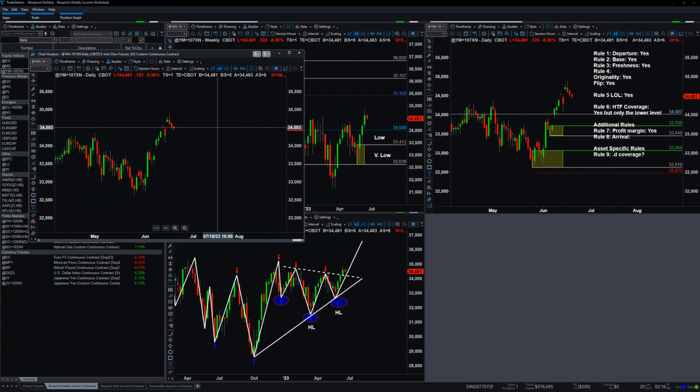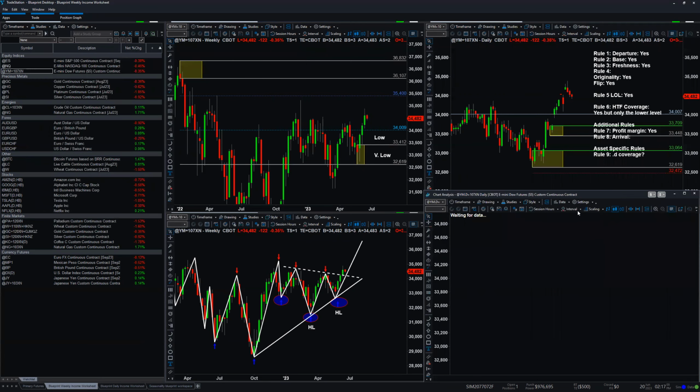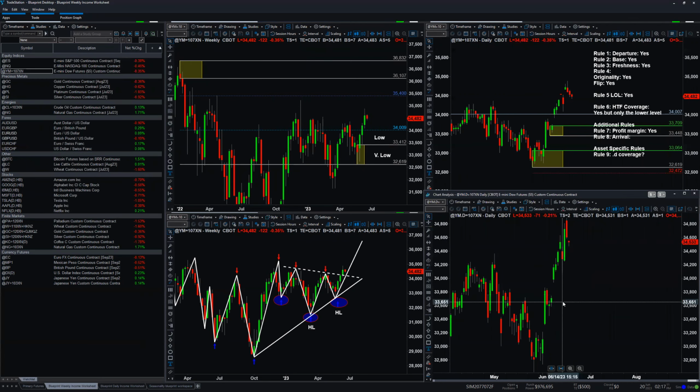And now I'm going to call this add ym equals 107 xn. That's the normal chart, right? Now I'm going to call this .d. And what this will do, you will see there's a lot more gaps here. It will now allow us to look at the regular trading hours only.